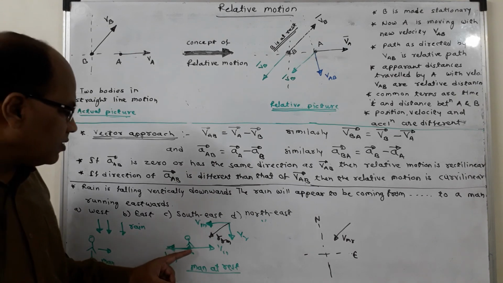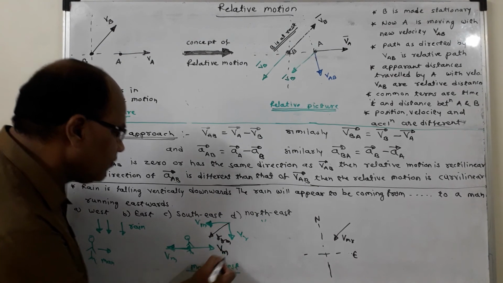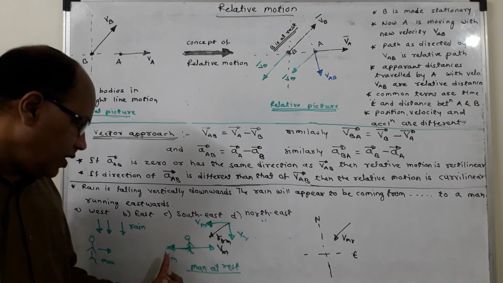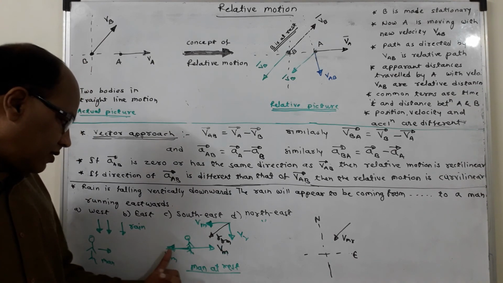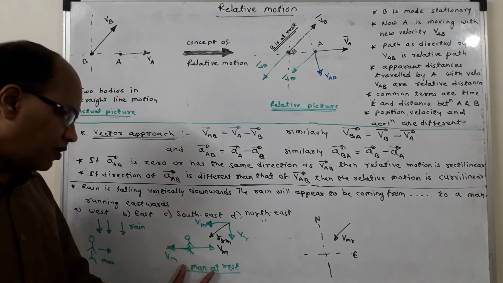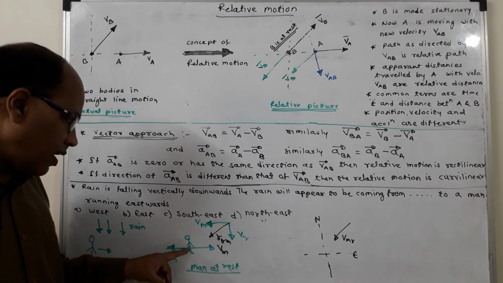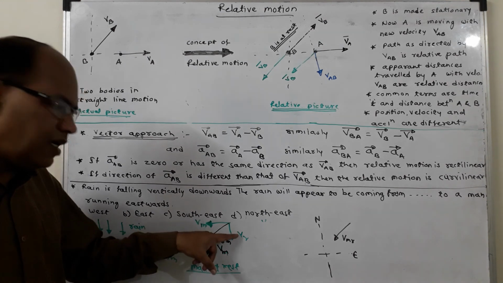So what I am doing is that if Vm is the velocity of this man, I am superimposing Vm on the man in the opposite direction. So the man will be brought to rest. But again, if I superimpose Vm on the man, I will have to superimpose Vm on the rain also.